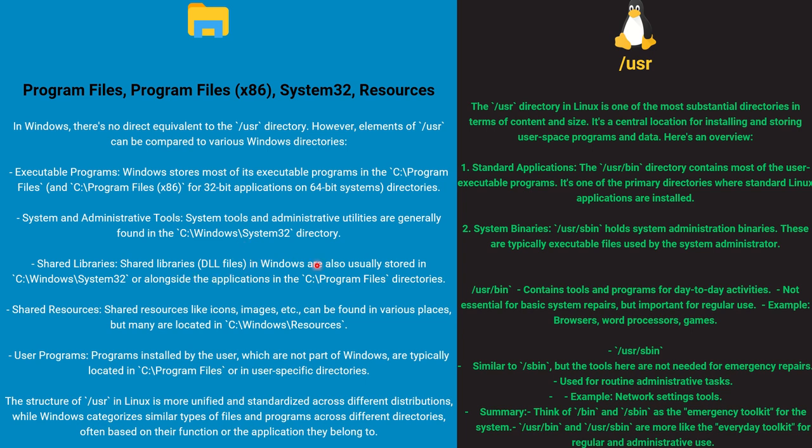DLL files, dynamic link library files, are stored under System32 alongside the applications that you have installed in Program Files. Shared resources like icons and images can be found in various places, including the C:\Windows\Resources directory. User programs installed by the user which are not part of Windows are typically located in Program Files.